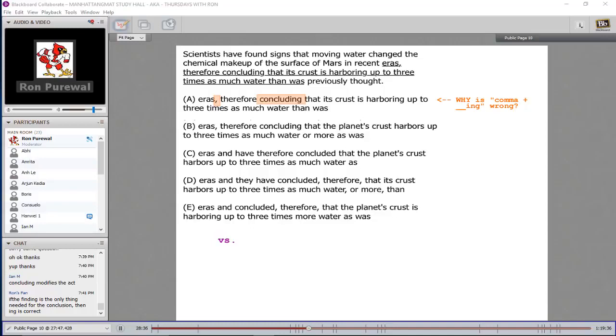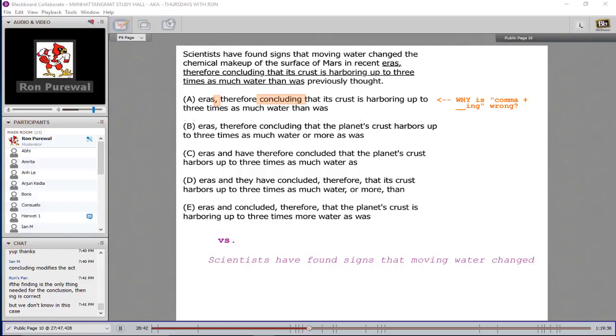Scientists have found signs that moving water changed the chemical makeup of the surface of Mars in recent eras, comma, proving that the planet's surface has not always been dry. Okay, this sentence is correct.